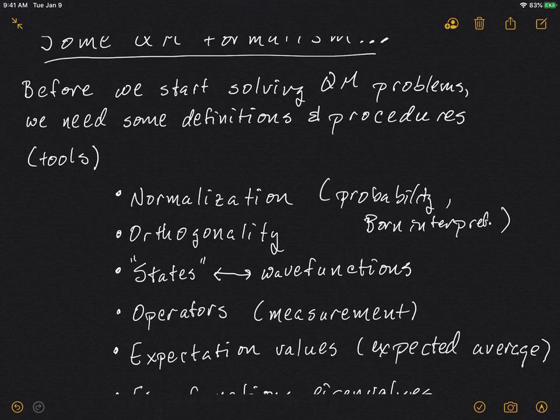So you calculate expectation values for an operator on a given system represented by a wave function. And expectation values are a statistical property. They're the expected average value of a measurement for a system, for a specific property of a system in a specific state, represented by a wave function.